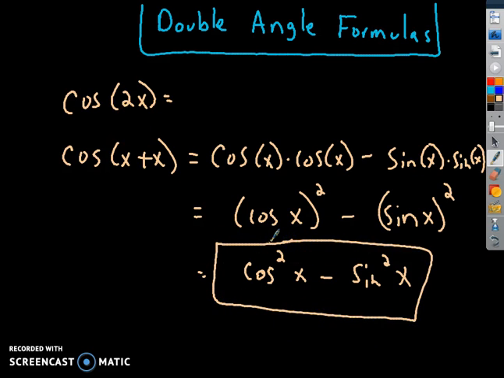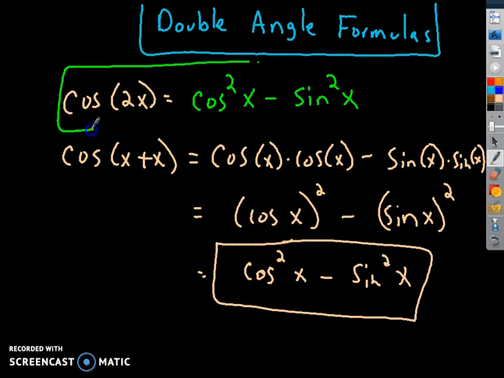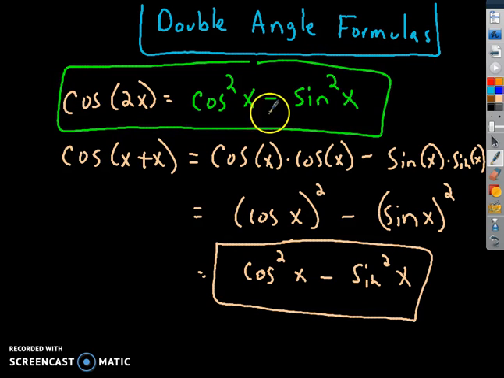So cosine of 2x is equal to cosine squared x subtract sine squared x. Kind of nice to know. It's kind of close to sine squared plus cosine squared equals 1, but it's a subtraction sign, so it's something completely different.